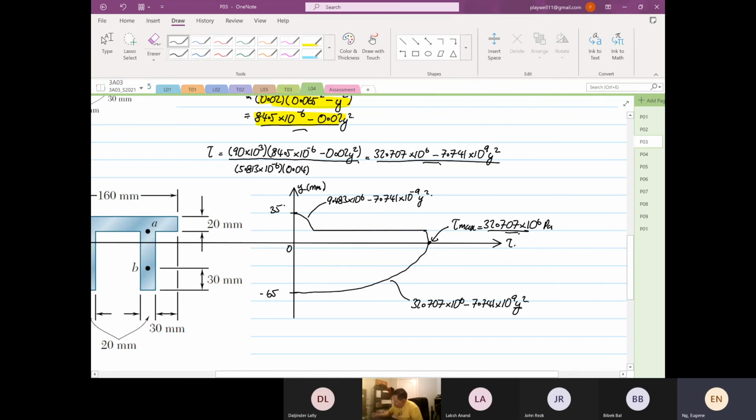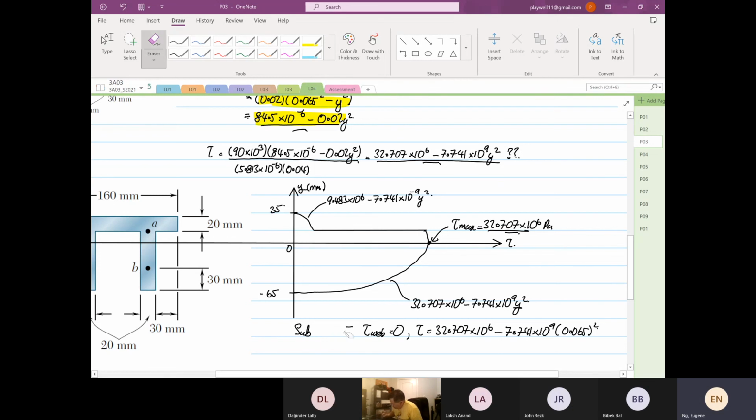So how do we know that this equation is correct? If we substitute y equal to 65, tau for the web should be equal to 0. So tau is equal to 32.707 times 10 to the power 6 minus 7.741 times 10 to the power 9 multiplied by 0.065 squared.